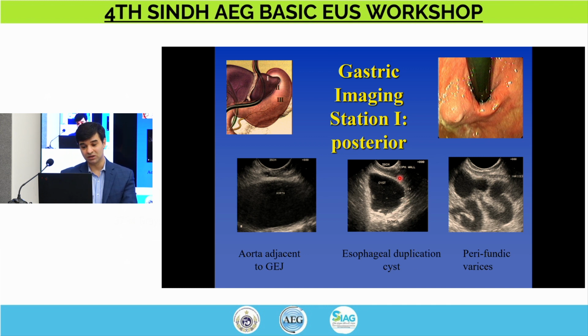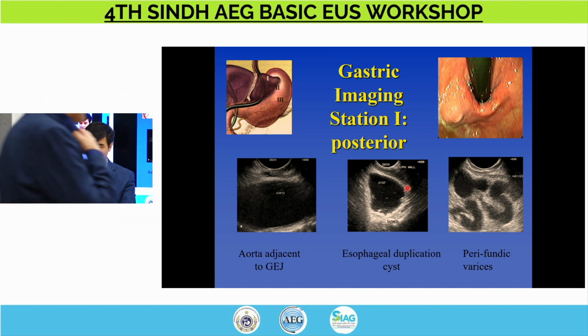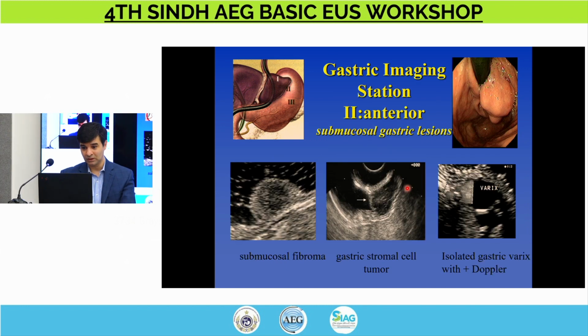This is the typical appearance of an esophageal duplication cyst. As you can see, it's a cyst that's most frequently located in the extraluminal area. It usually contains debris, may not contain debris, but typically has wall layers associated with it. Now, unlike the first image where we had a bulge at the EG junction, here you see a bulge also.